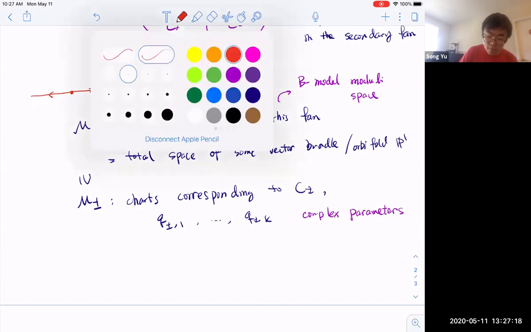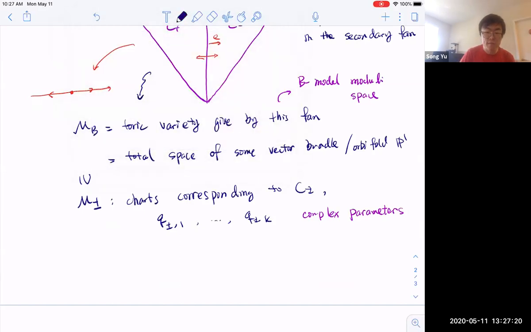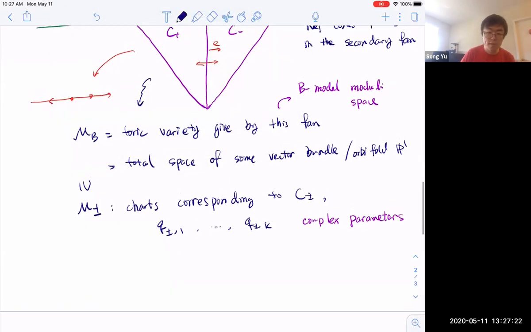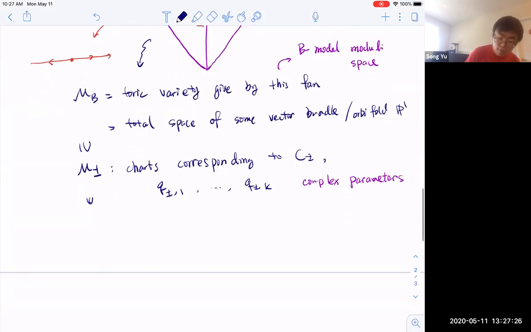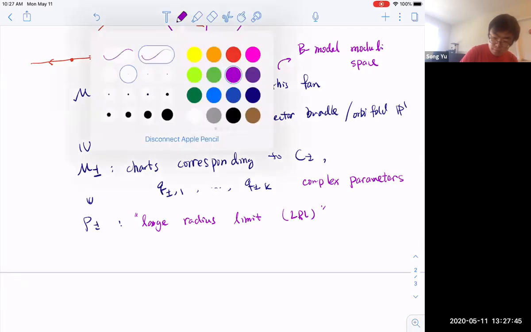Okay, so we have two charts, corresponding to the two cones here, and inside these two charts we have two distinguished points, p plus minus, which are often called large radius limit points.